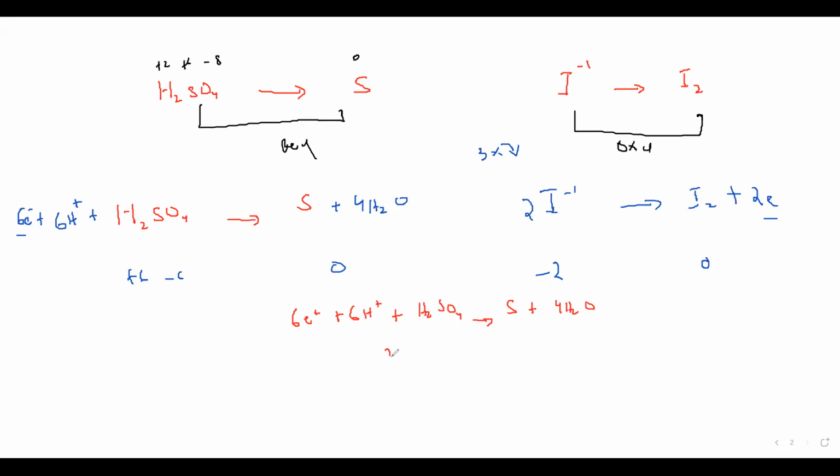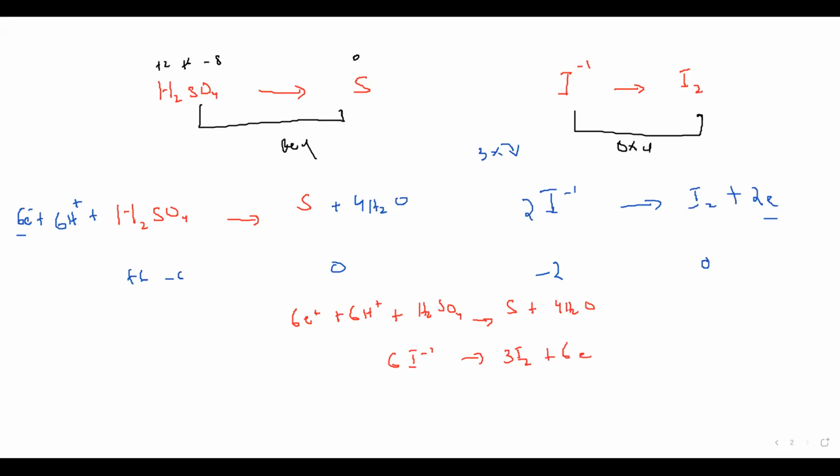And for iodide, 2 iodide multiplied by 3 to make the number of electrons same. So 3 multiplied by 2, 6 iodide on the left hand side, 3 iodine molecules, plus 6 electrons.